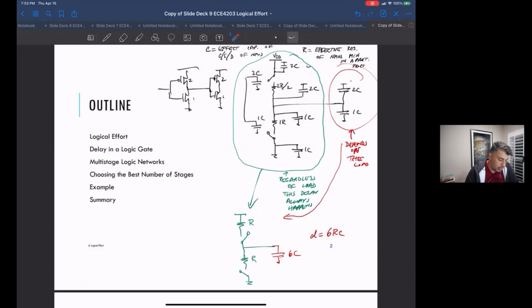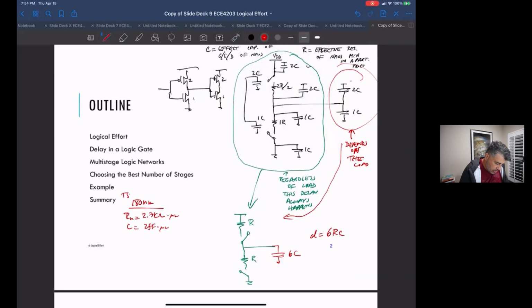So for example, for a 180 nanometer process, this is just reading from chapter 8 in our book, which had some examples of resistance and capacitance for NMOS. So R sub N was 2.7 kilo ohm, and C was 2 femtofarads. This is per micron.